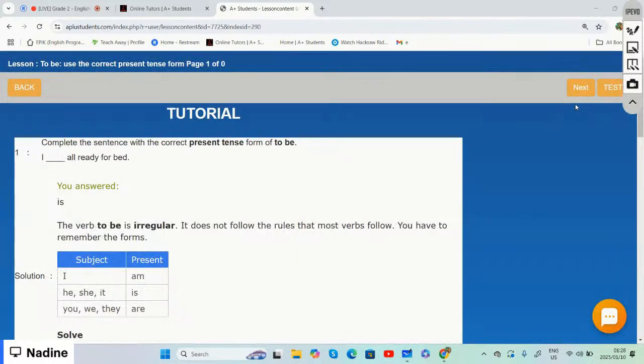does everybody understand? Should we re-explain, over-explain? Should I explain again? The verb to be, which is irregular in the present tense form. Or do we understand? You know how to use to be, which is in the present tense form, before we go on to our test.